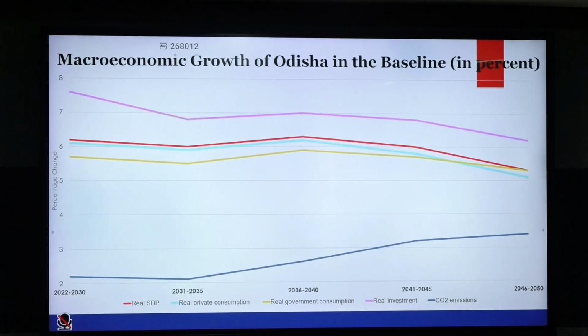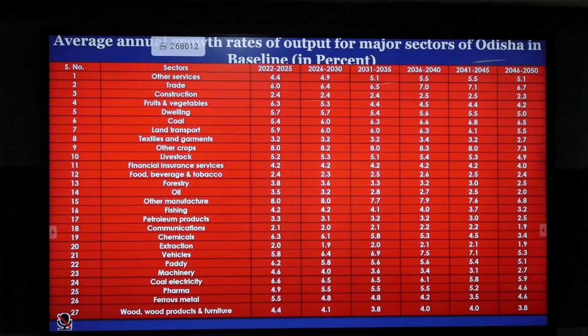This is the kind of growth we are assuming, along with consumption, government consumption and private investment. CO2 emissions will go quite high if you don't do anything, as in a business as usual scenario. This is the scenario against which we compare all our policy scenarios. And these are the growth rates of the different sectors.